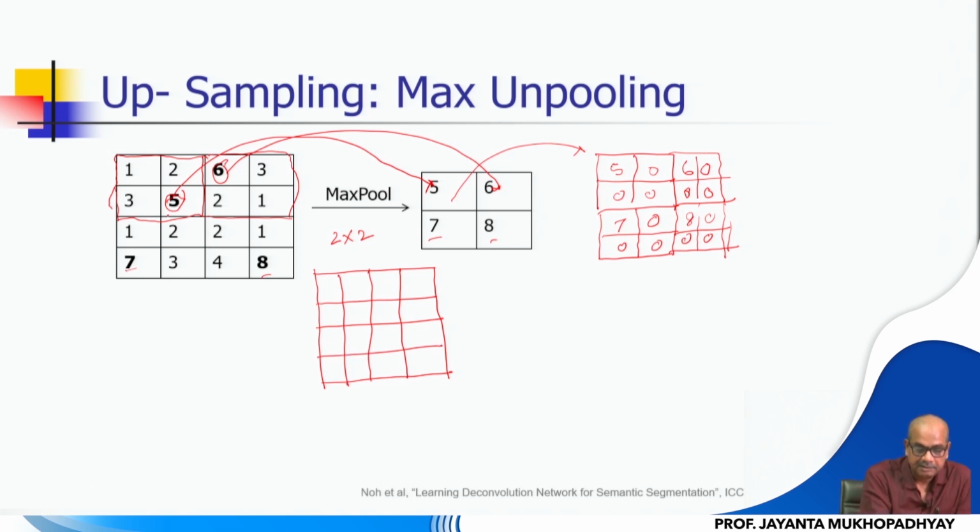For example, this is the position, so we indicate this position by 1. This position is indicated, this position is indicated, and this position is also indicated, and the rest of the positions we will put 0. So it is a binary value. 1 indicates the positions from where the pooled value has been considered.